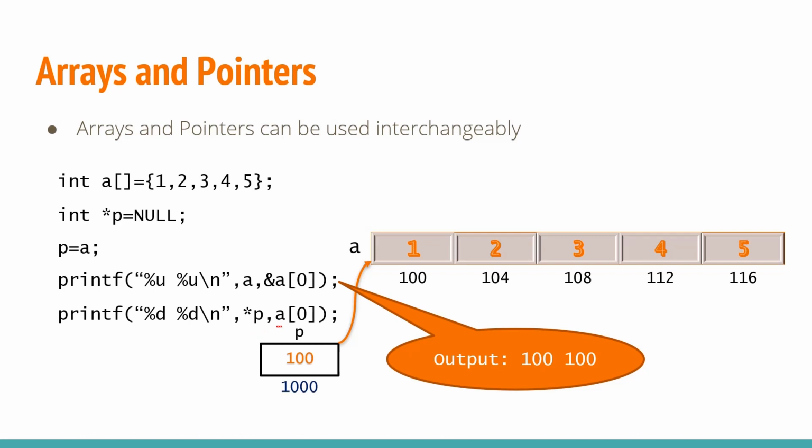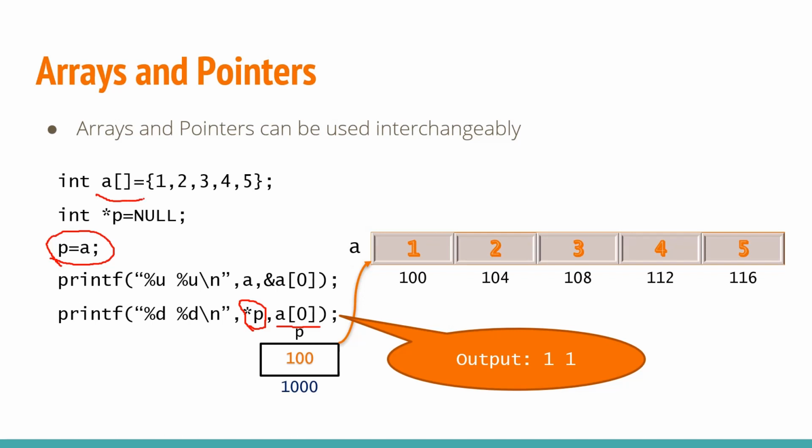And we have seen already in index notation that A of 0 always prints 1. So now you can see I can use p itself entirely, without using the notation A, to refer to all the elements of this array. So from this point onwards, I reiterate, your program or programmer need not make use of A at all.